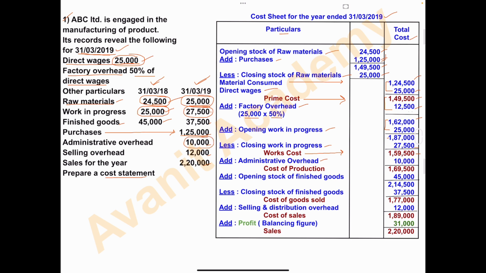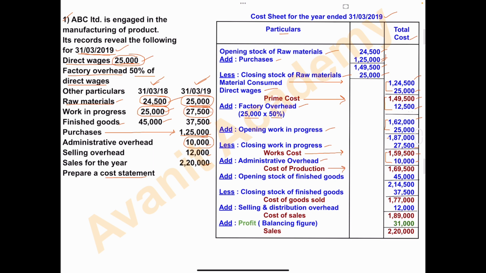Add administrative overhead amount in the total cost column, 10,000. Add these two amounts. 1,59,500 plus 10,000 and the amount is 1,69,500. This is called cost of production.